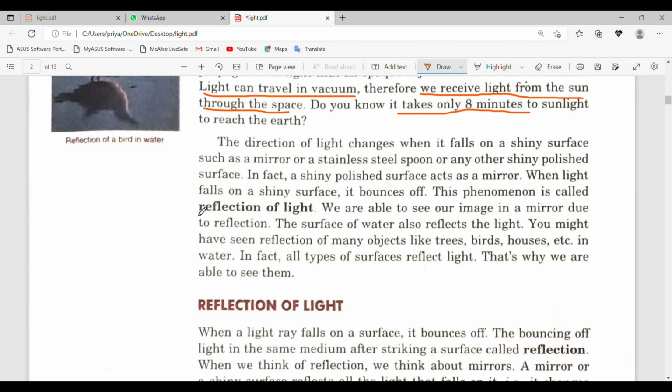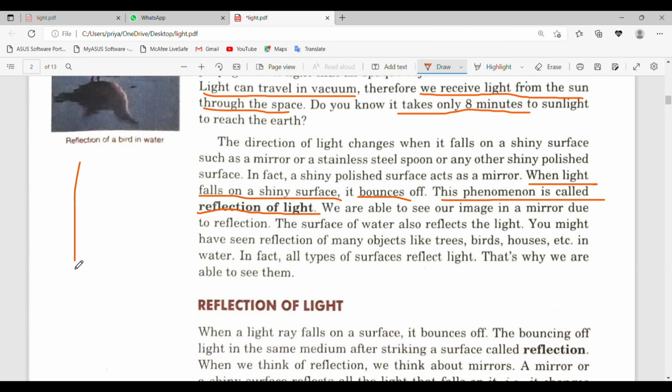The next terminology is reflection of light. It is defined as when light falls on a shiny surface, it bounces off. This phenomenon is called reflection of light.